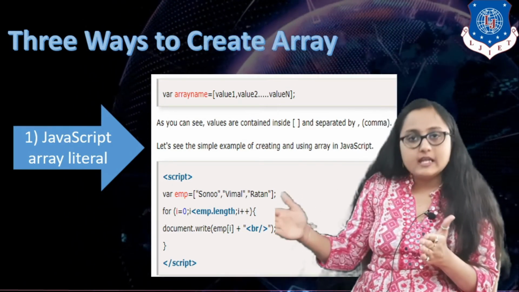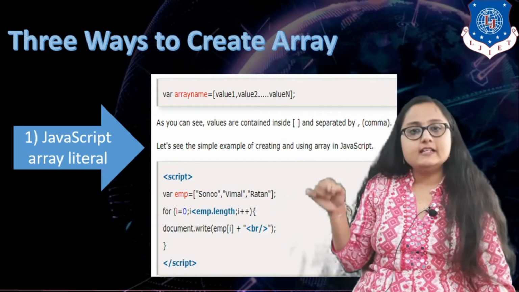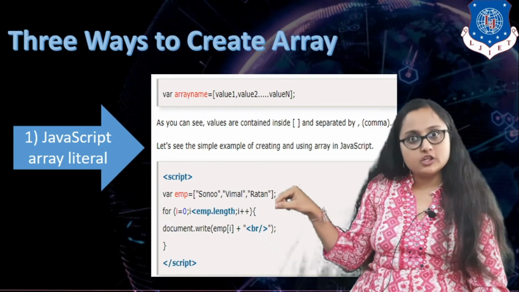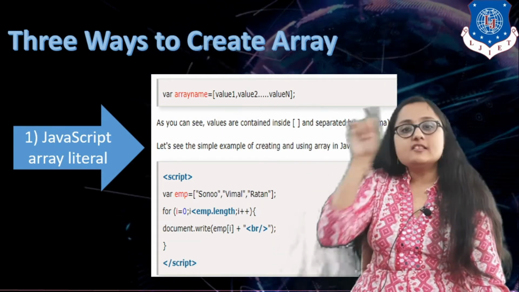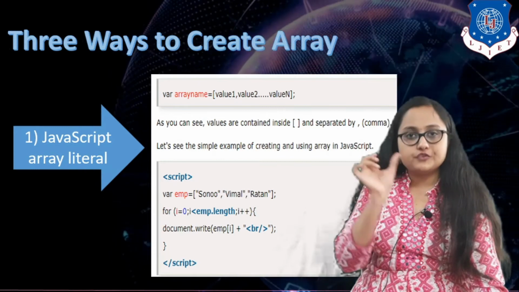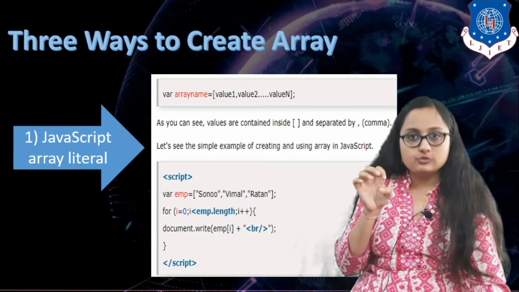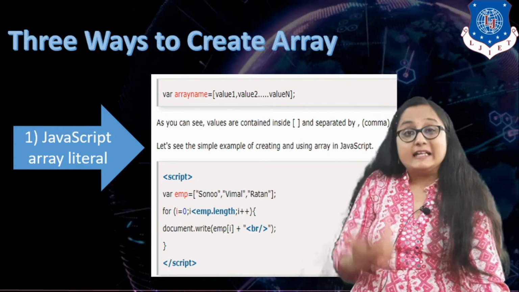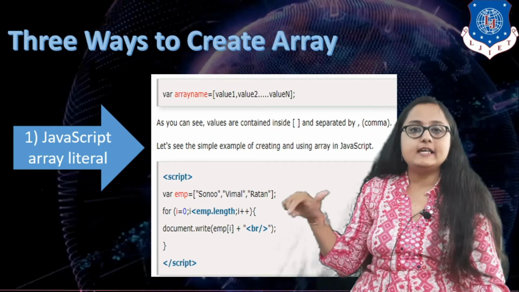So all the elements of the array will be covered, and then the last is the increment operator, that is i plus plus. So this loop will first go to the first index, sorry, 0th index, and fetch Suno, right. Inside this I have written document.write emp[i].